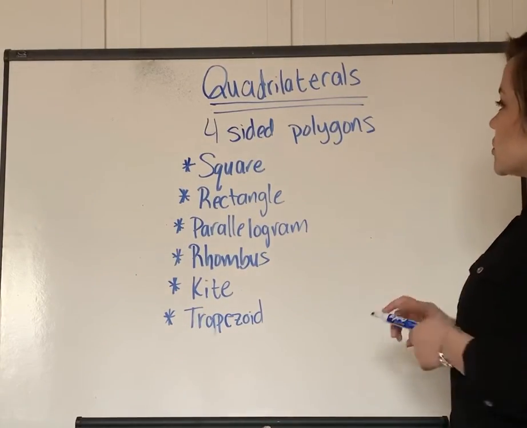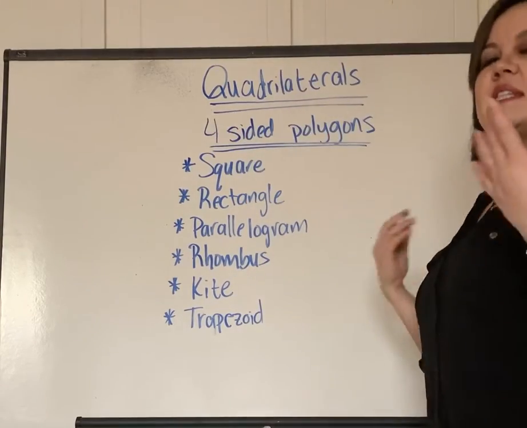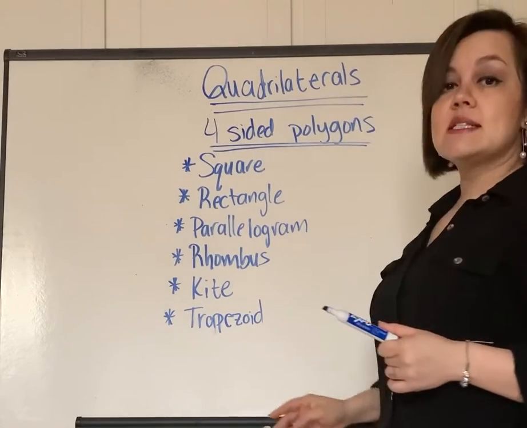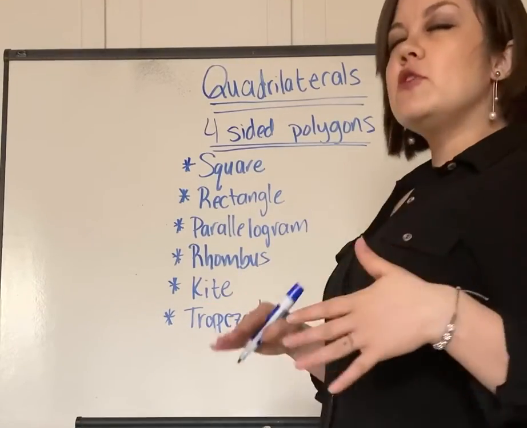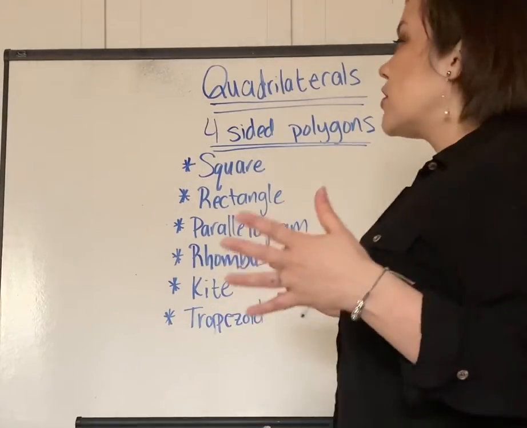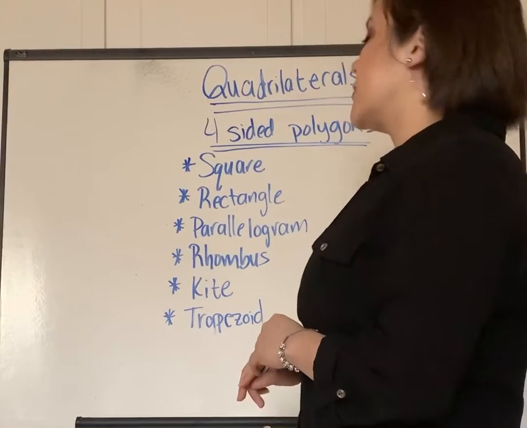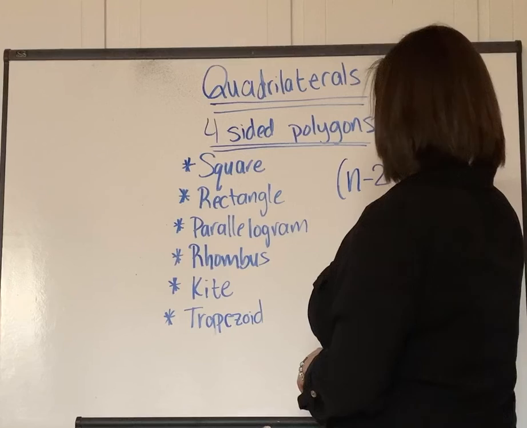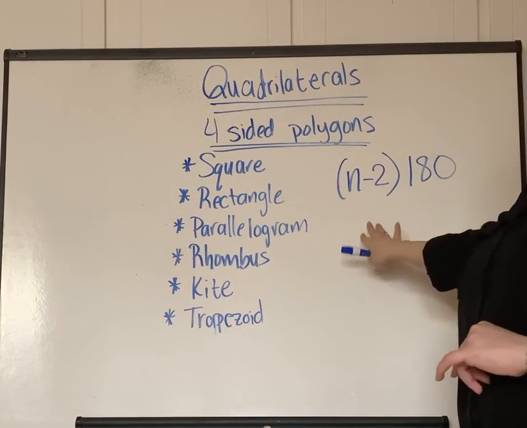But we are going to get into their properties and how their properties can be useful to finding missing sides and missing angles. One thing that they all share is that they have four sides. And because they have four sides, if you saw the previous lesson, we can find the number of total degrees inside this type of polygon, okay? The formula was something like this, n minus 2 times 180, where n is the number of sides.